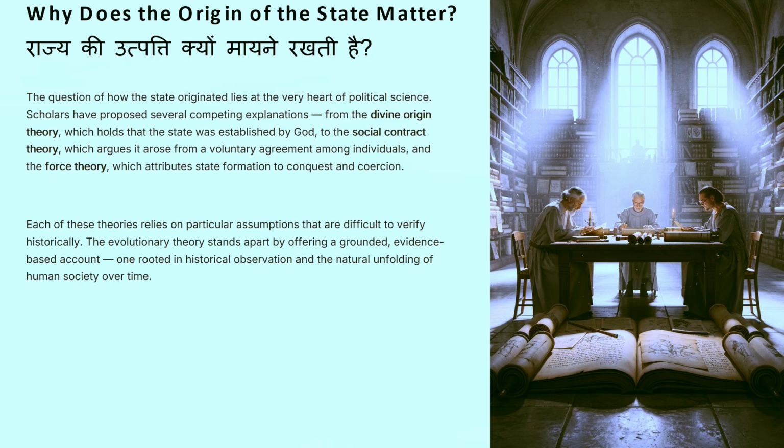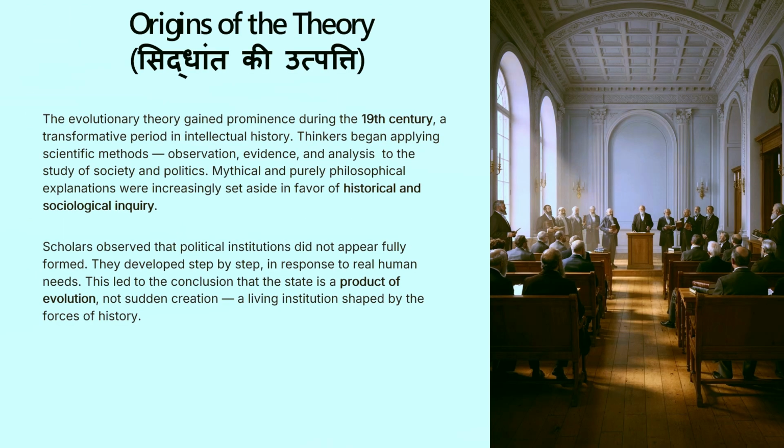However, these theories often rely on assumptions or specific ideas. The evolutionary theory, on the other hand, provides a more realistic explanation by showing that the state developed slowly through historical process and social changes.